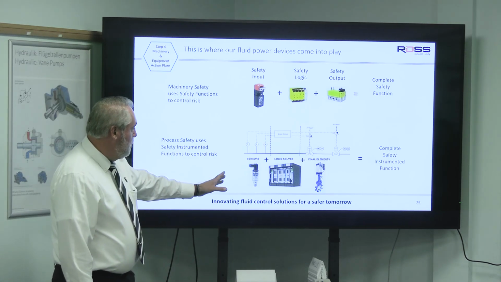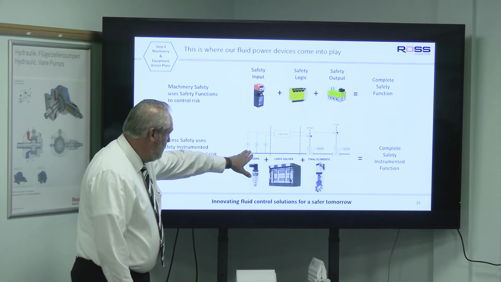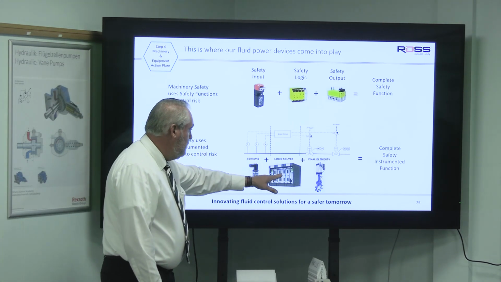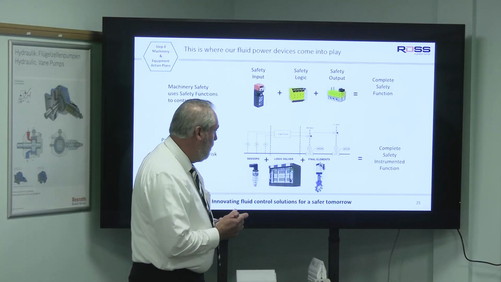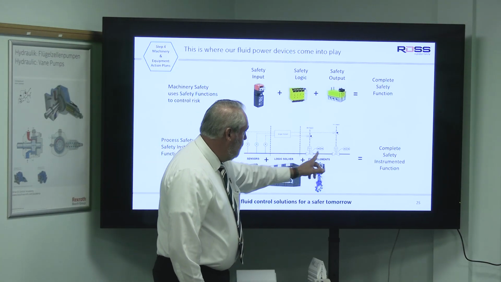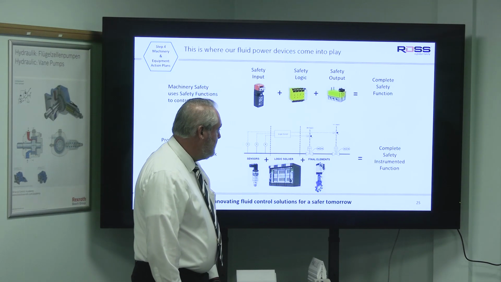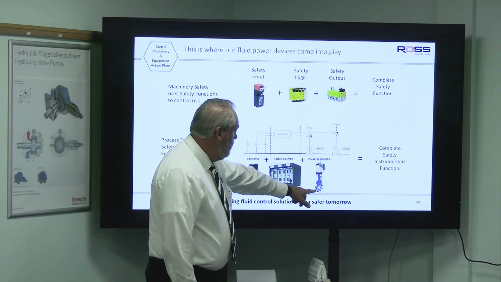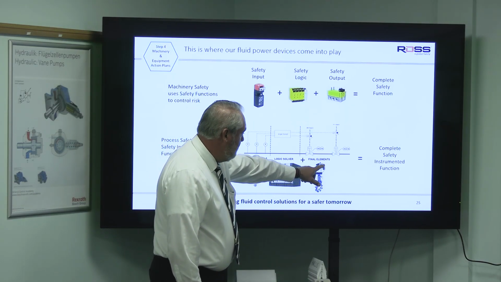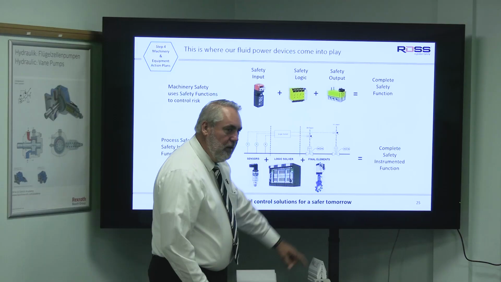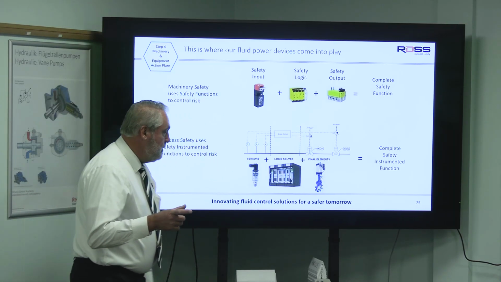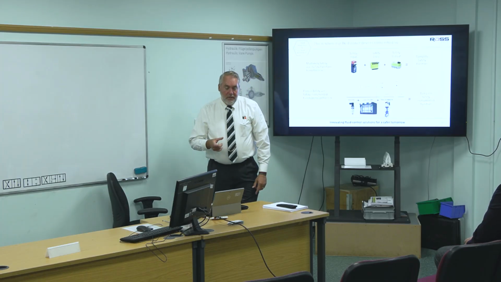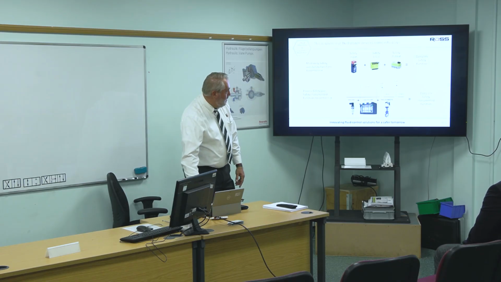You look at the process world, you may have, like I said, those 3 sensors going to a 3-channel processor that's controlling redundant outputs that keep the process running. Those are driven by safety type valves that have monitoring on those to tell that the system is either open or closed, that it's doing its function. So it's the same kind of thing, input, logic, output.